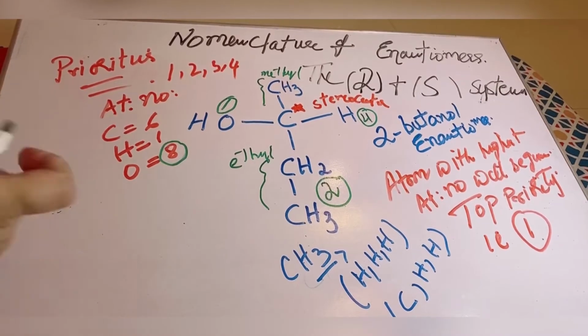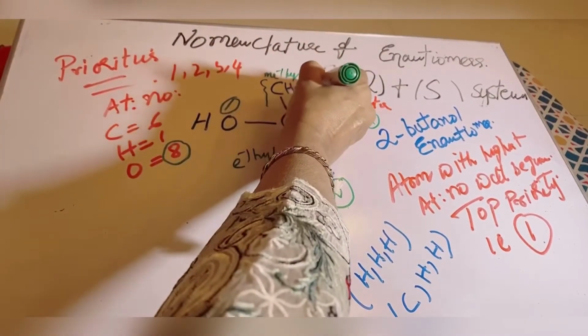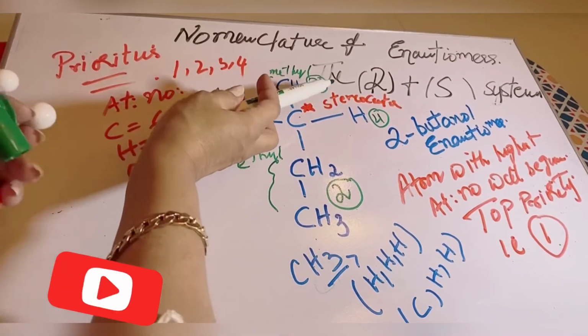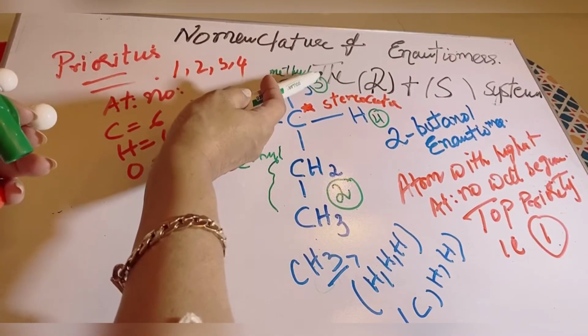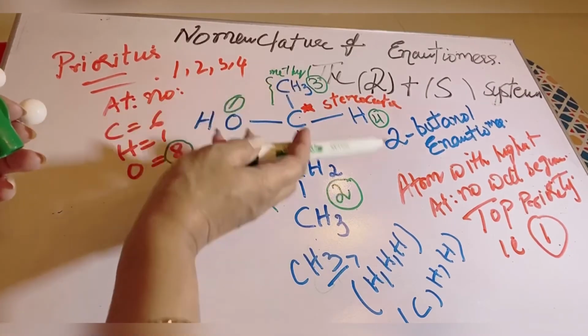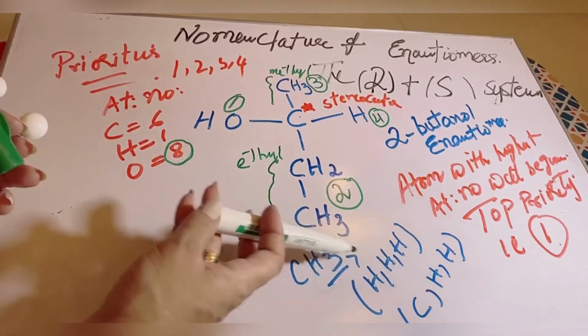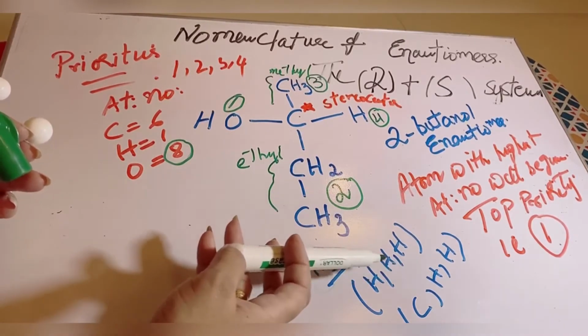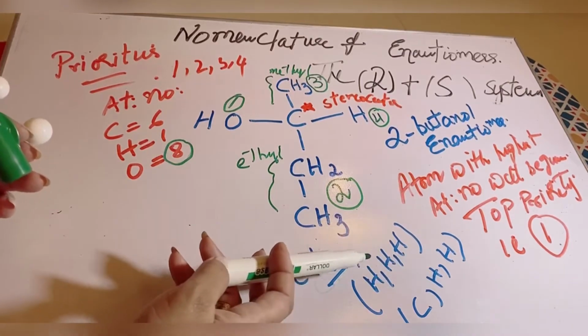So the methyl group will be given the third priority. Now we have all of them, so this methyl group will be given the third priority, this one, right? As I've just said, you can compare the 2 groups. The priorities are set according to the next set of atoms by their atomic numbers.